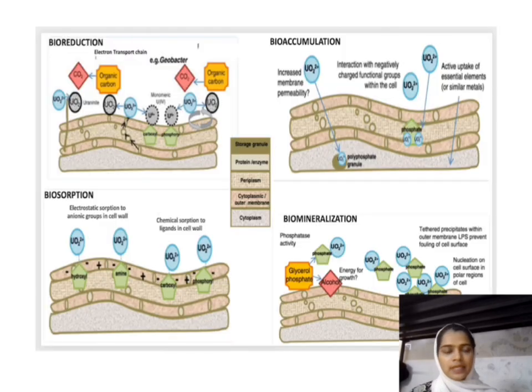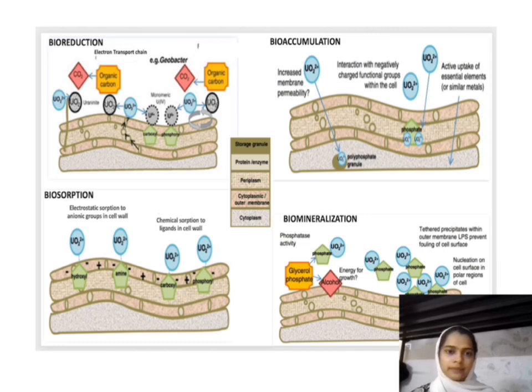These are some of the mechanisms which the bacteria use to deactivate or reduce the effect of radioactive metals. In bioreduction, microorganisms inactivate some radionuclides by adding electrons to them and converting the radionuclides from a soluble to an insoluble state. This is of two types, direct and indirect.